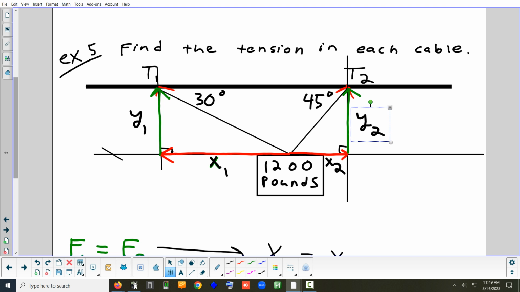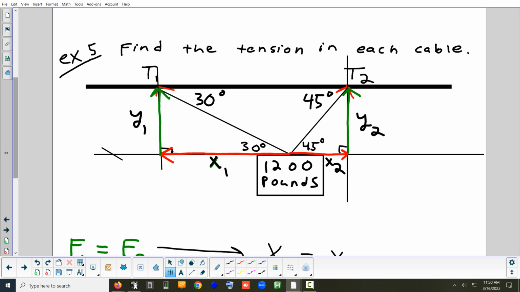So we need to label some angles here. Let's use this one and this one. What's this angle? 30. That's 30. All kinds of ways to figure it out. Parallel lines and a transversal, or use 60 and then that has to be 30. However you want to do it. That's 30. And this one? 45. That's a 45.